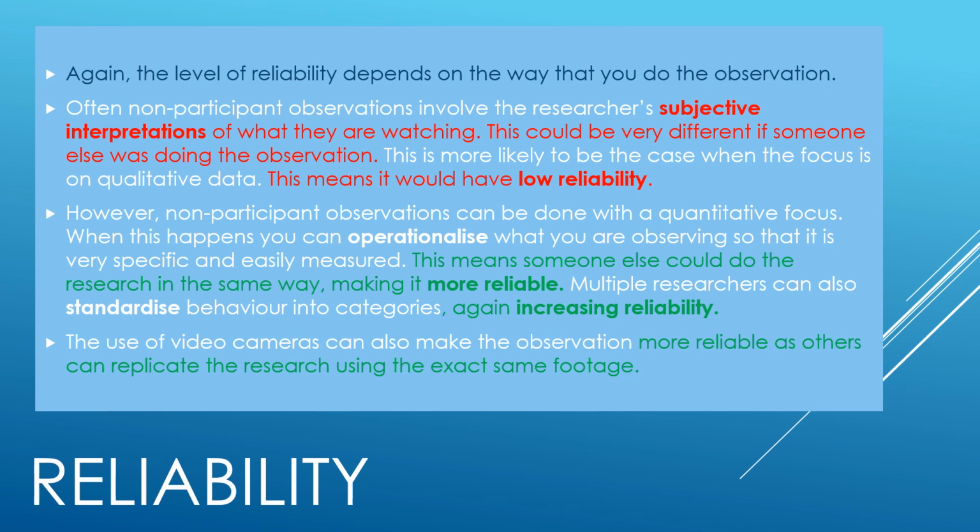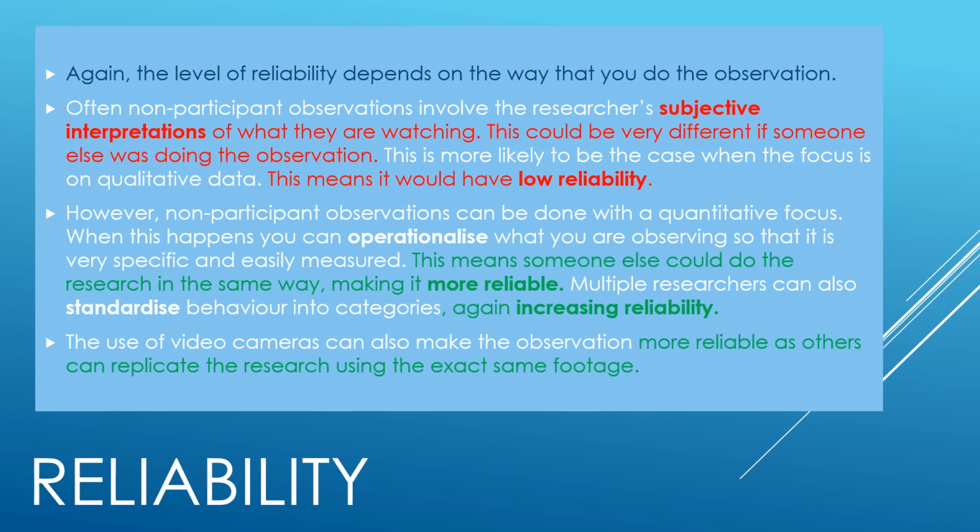And the other thing that can happen that makes it more reliable is if you're doing it in a quantitative way, again, looking for these numbers, statistics, and you've got more than one researcher, which often happens, more than one observer, you can all sit down and agree on exactly what you're going to count as violent behavior or loving behavior, or let's say you're doing a lesson observation of students of disruptive behavior, off-task behavior.